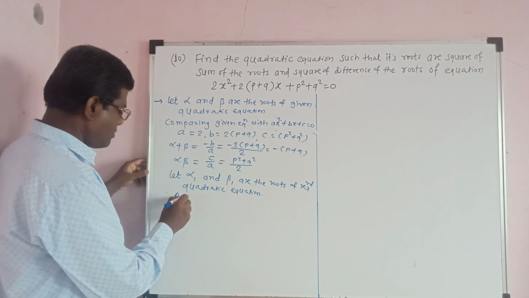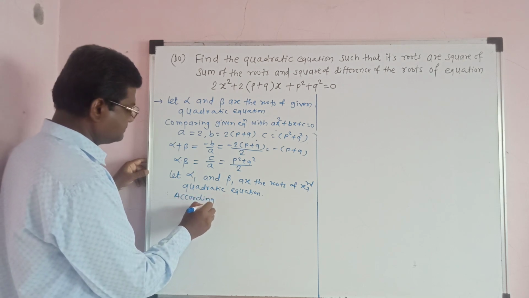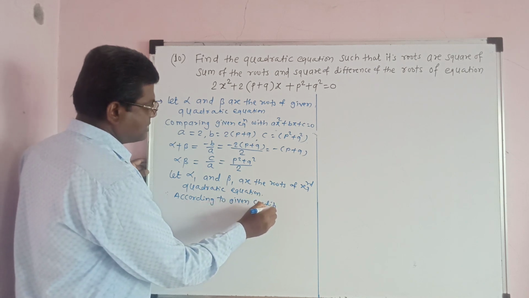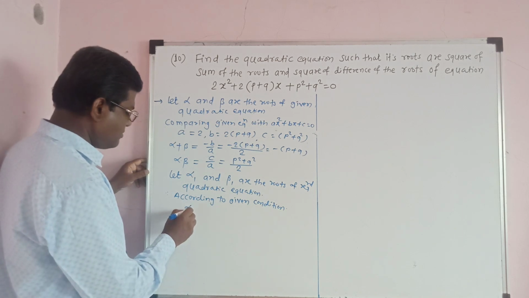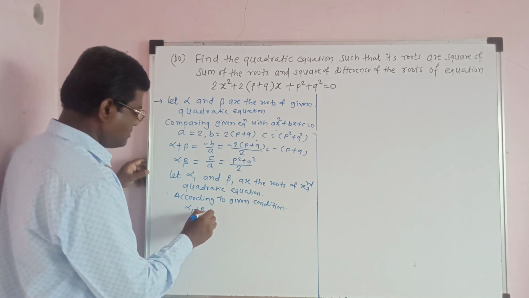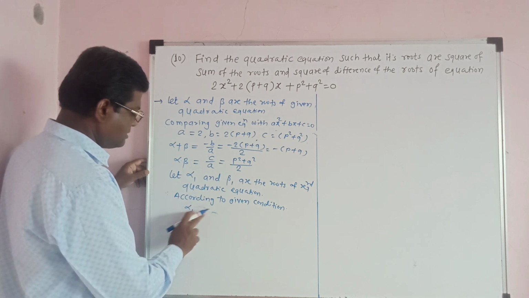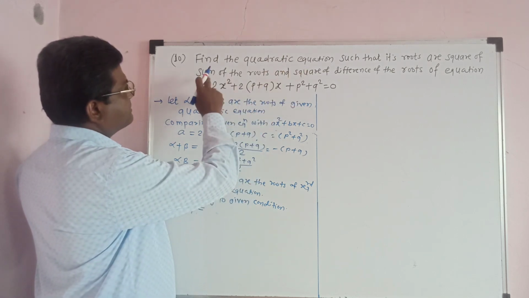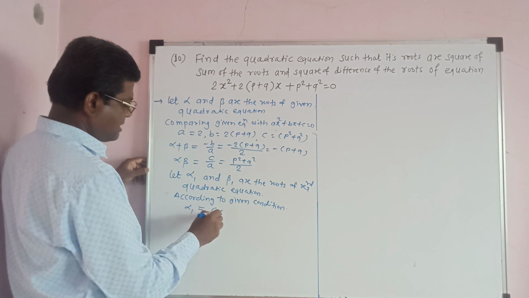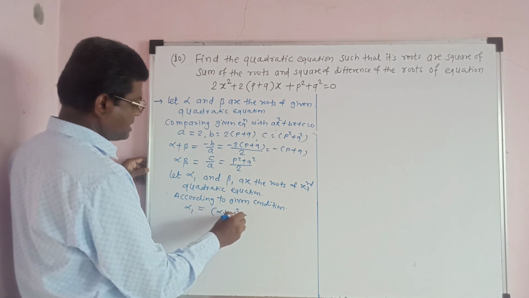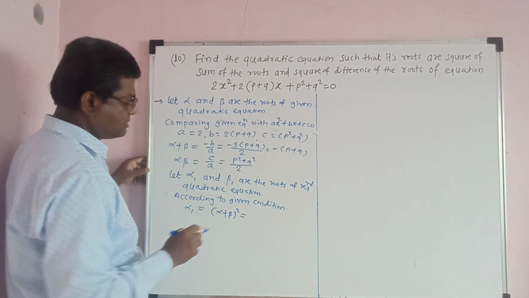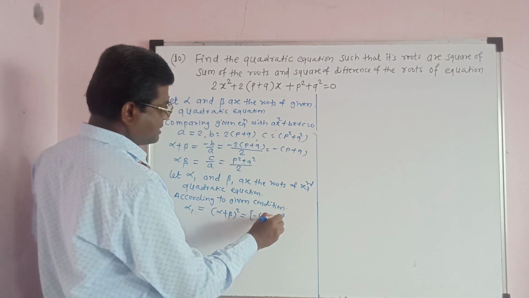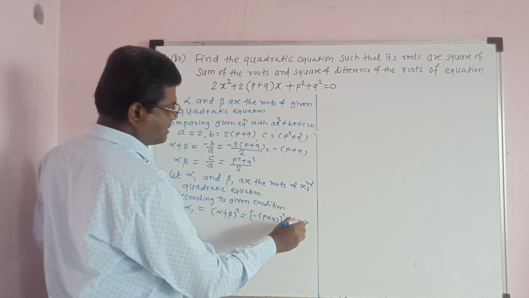Therefore, according to the given condition, alpha 1 is equal to the square of the sum of roots, that is (alpha + beta)², which is (-(p + q))² = (p + q)².